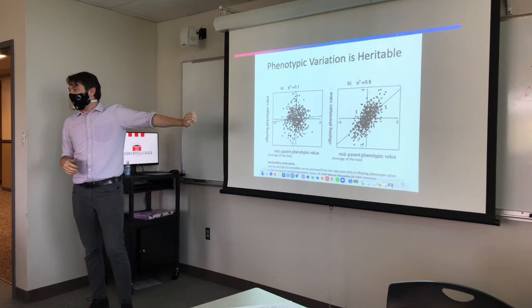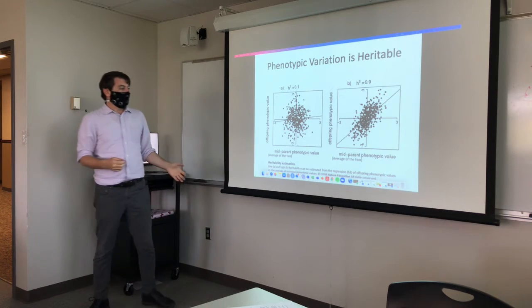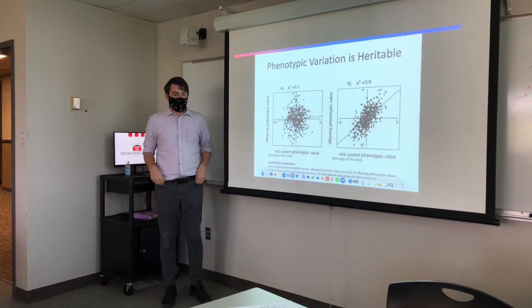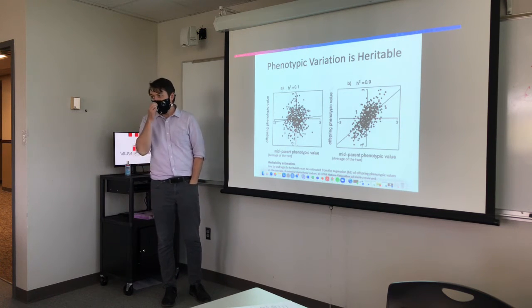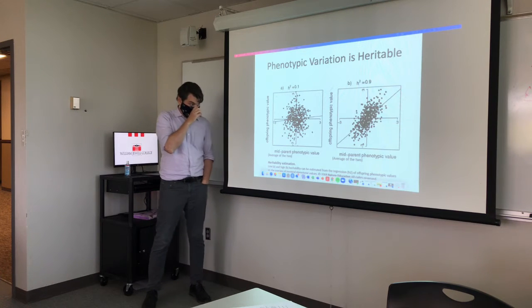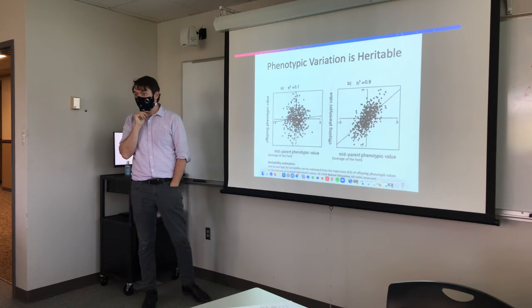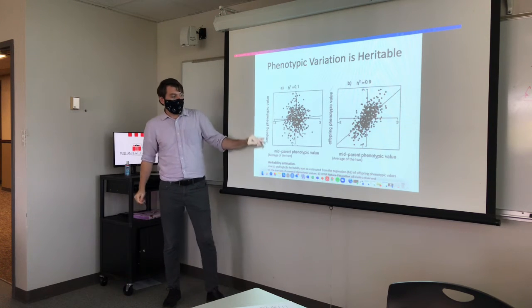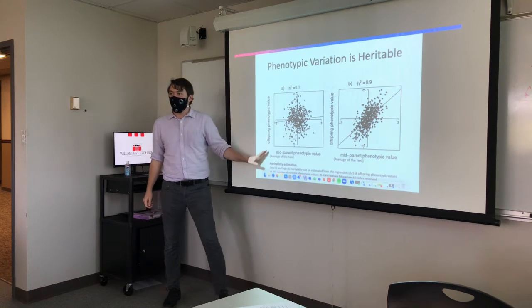If you take some phenotype of interest for some organism, maybe it's a cow, like the amount of milk it produces or something like that, and you compare the phenotype of the mother to the phenotype of the offspring, you'll get some relationship.